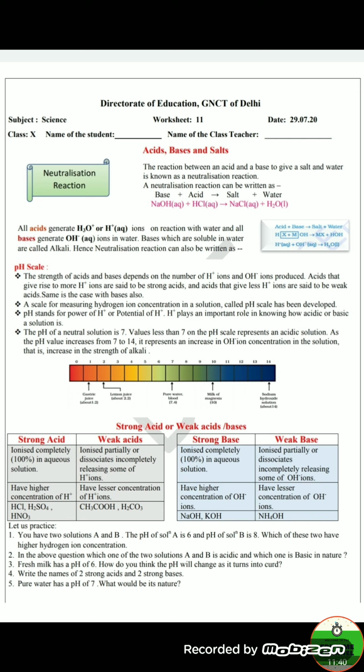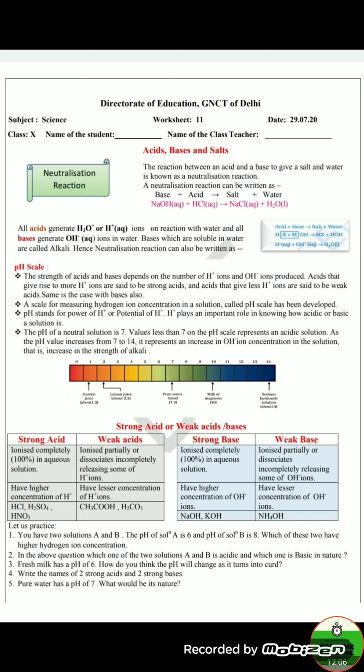Fresh milk has pH 6. How do you think the pH will change as it turns into curd? Students, when milk changes into curd, the pH decreases because the lactose present in milk gets converted into lactic acid. So more acid is formed, pH of the medium decreases.